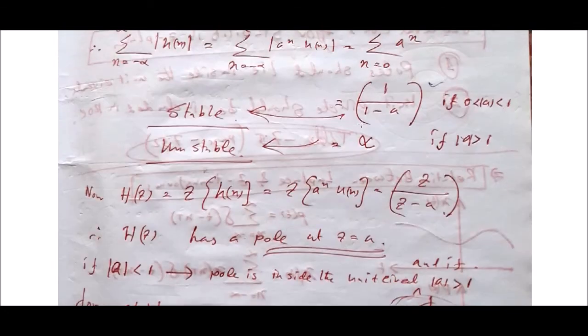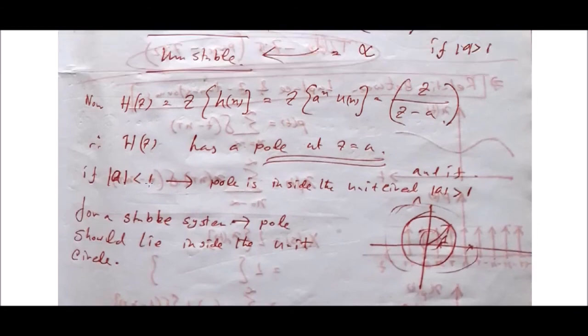And as per the earlier discussion, the magnitude of a should be less than 1 in order for this series to be convergent. So the pole should be inside the unit circle, and if the magnitude of a is greater than 1, then it is not stable.